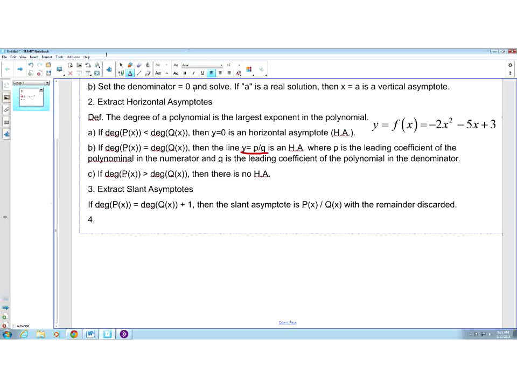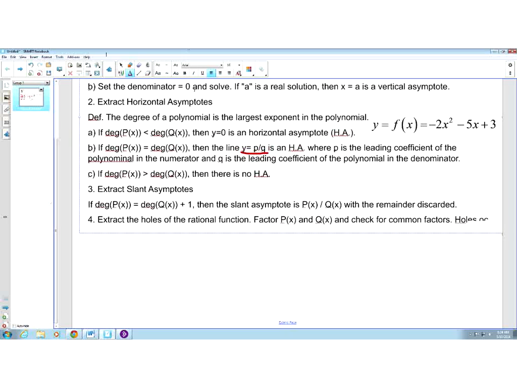All right. The fourth thing we want to consider when sketching the graphs of rational functions is to extract the holes of the rational function. So, for instance, the way we do this is factor P of x and Q of x and check for common factors.